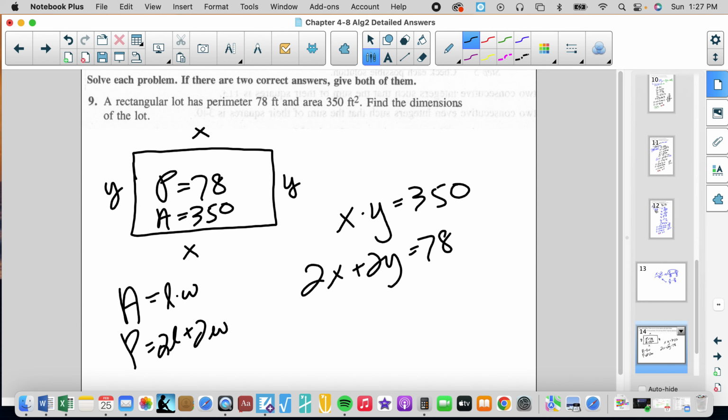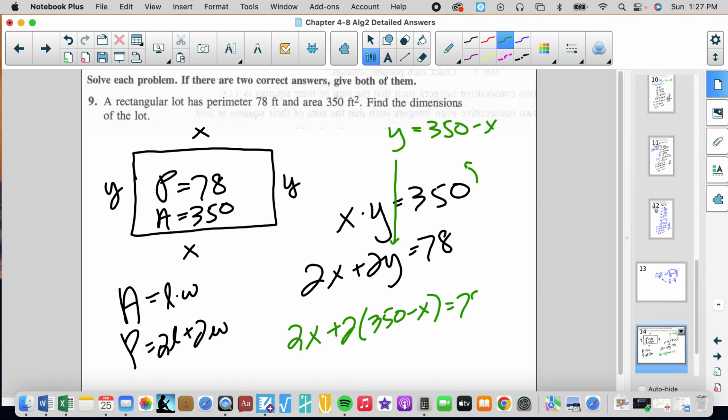Now I can't solve it because I have 2 variables, so I'm going to use systems of equations. There's 2 ways I can do systems of equations, but I'm going to use substitution. So I'm going to turn this equation into y equals 350 minus x, and then substitute it into my y here. And I get 2x plus 2 times 350 minus x equals 78.